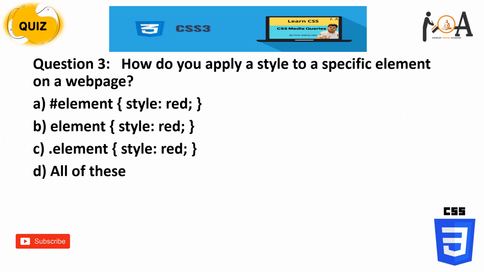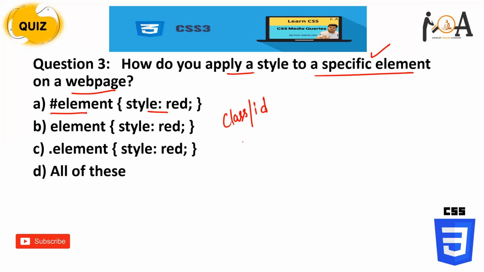Question number 3: how do you apply a style to a specific element on a web page? You want to add something to a specific element. So here we are using hash element style red, right? Basically, you know that with some concepts like class and with some concepts like ID, we can do this.